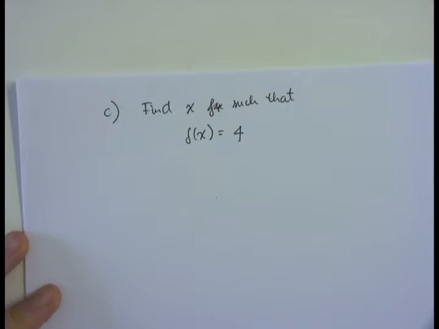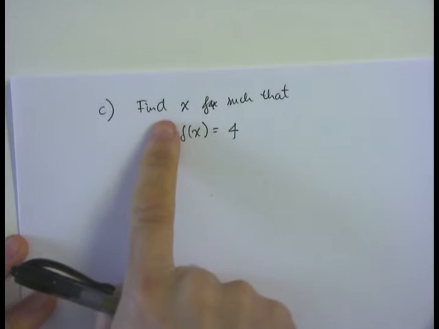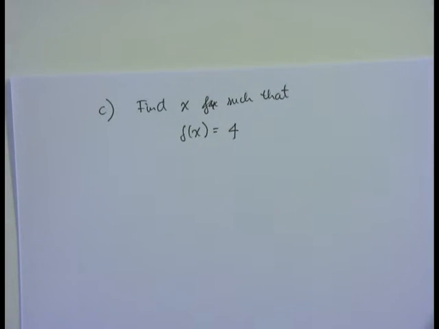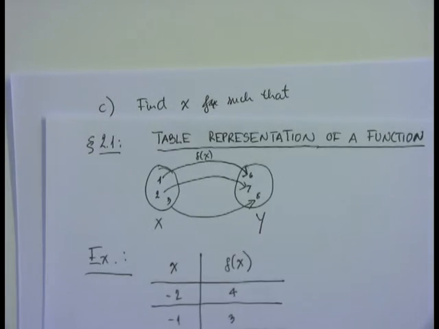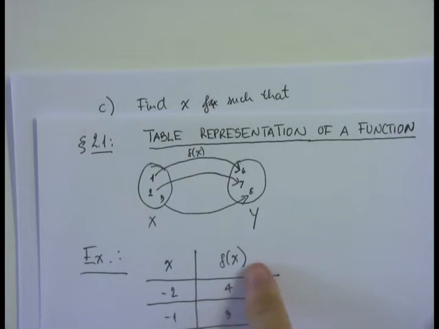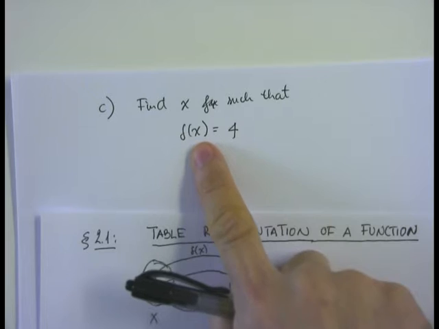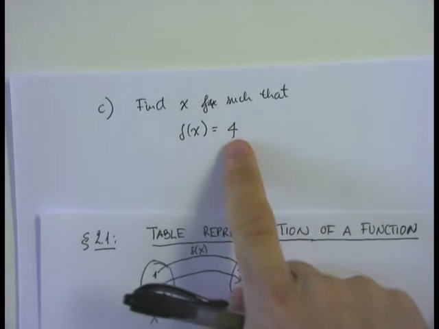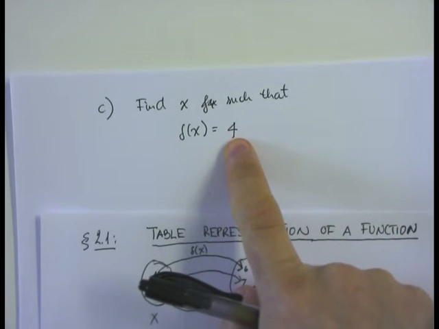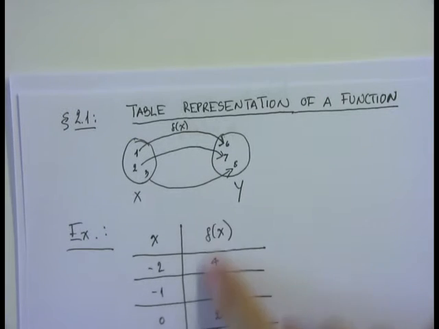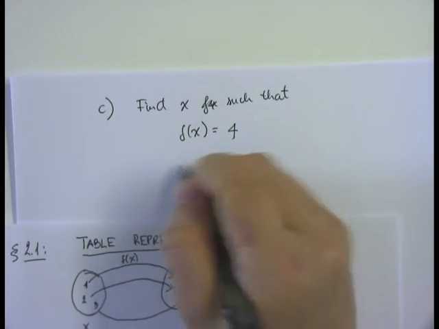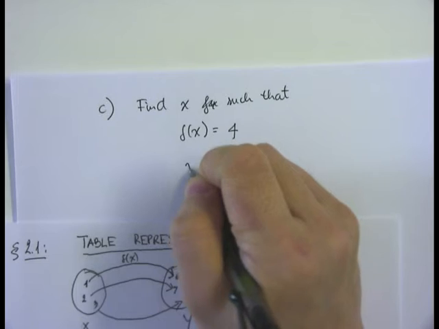Meaning we want to go back to the table and find out which x value gives me 4 for the function value. So on the right column, 4 is the function value. What x value is that? x equals -2. So my answer is x equals -2.